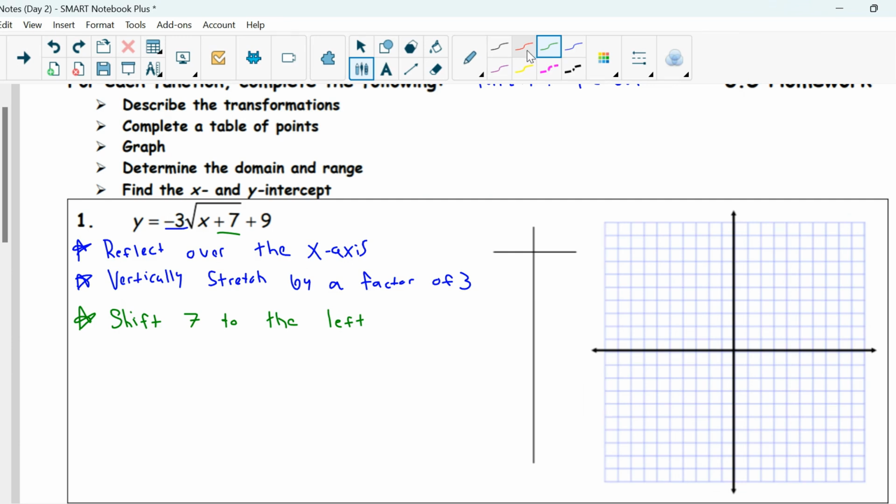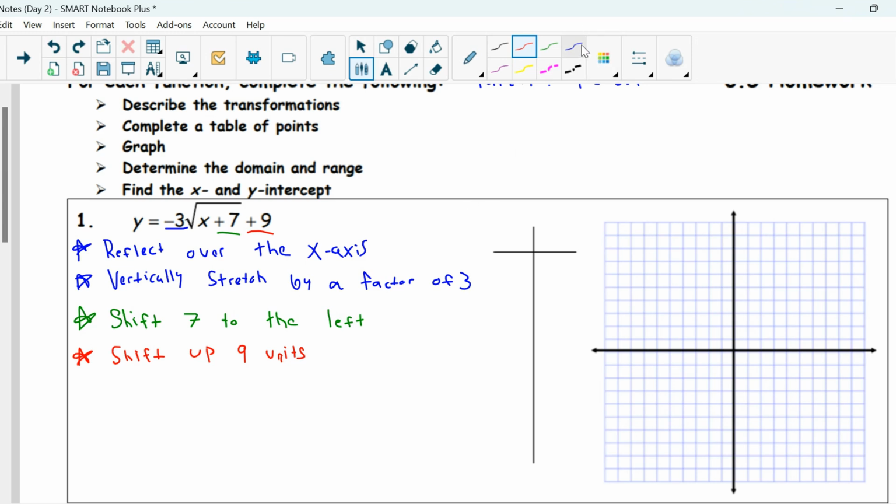The final transformation is my k value, which tells me the vertical transformations. So I'm going to shift up 9 units. I probably should have said 7 units here, but oh well. So those are my transformations of all 3 parts of my function.